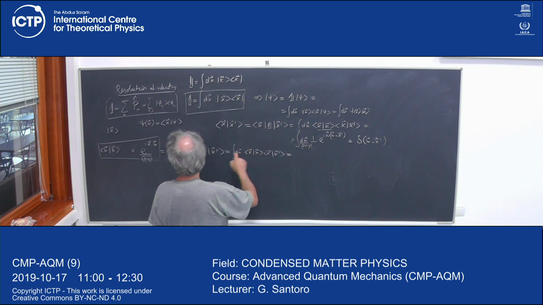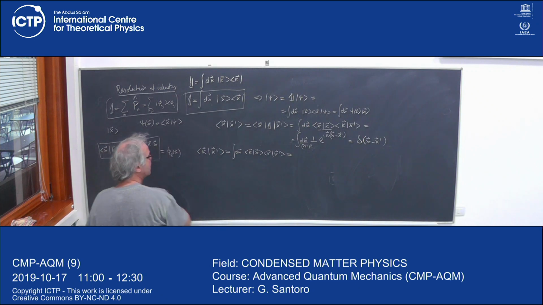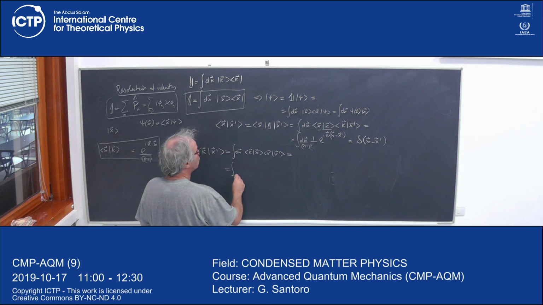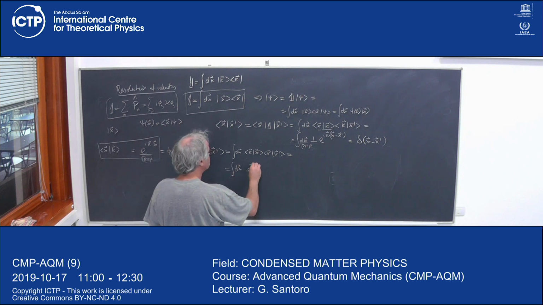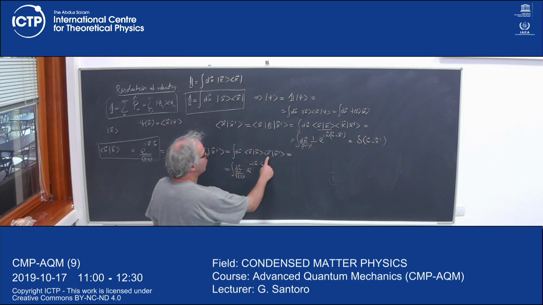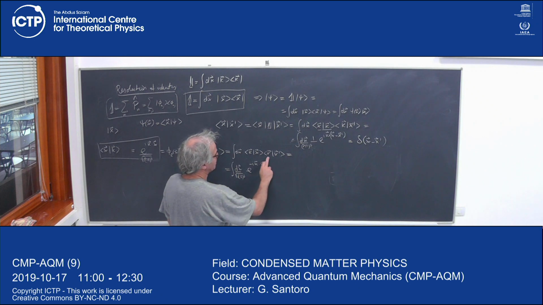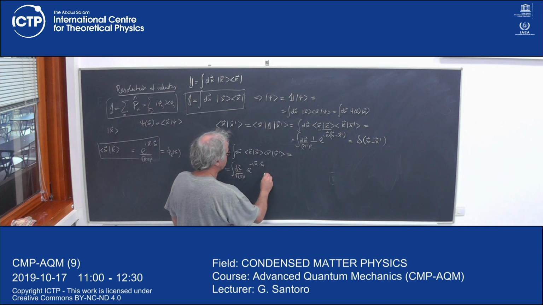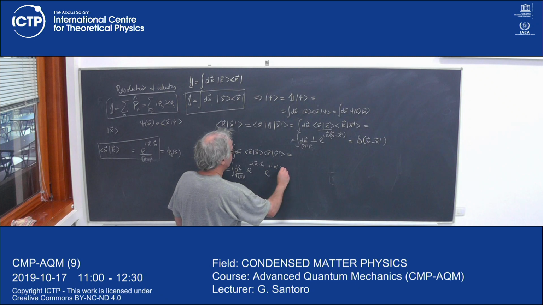This is the star of this object here. So here, integral over d^3x of e to the minus i k dot x divided by square root of (2 pi)^3. And it is almost the same thing, except that here I have e to the plus i k prime dot x.